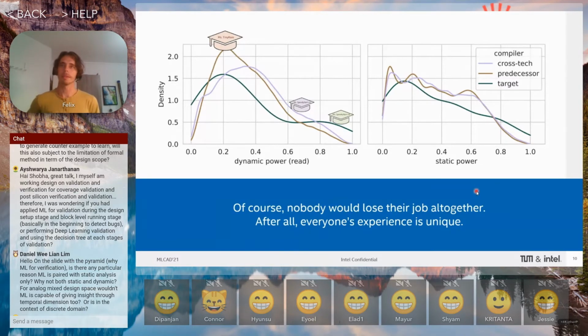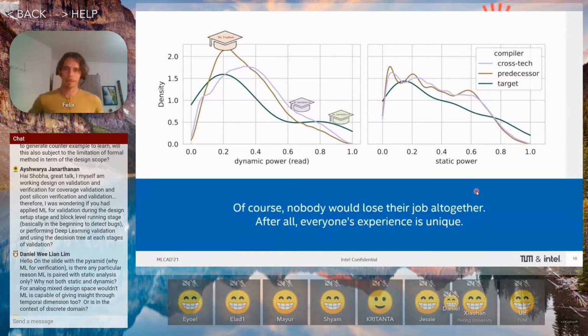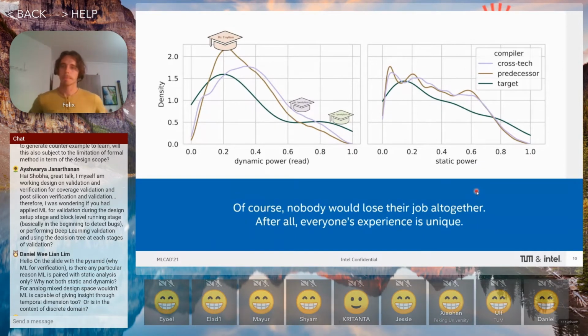of the different data domains that we have. So the dark green line is our target domain for which we want to enable our model. And then we have 2 source domains. The cross-tech is the light purple, and in dark brown, we have the predecessor domain. And you can see that the distributions are fairly similar, right?